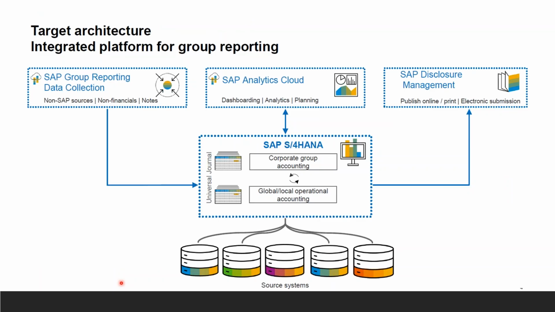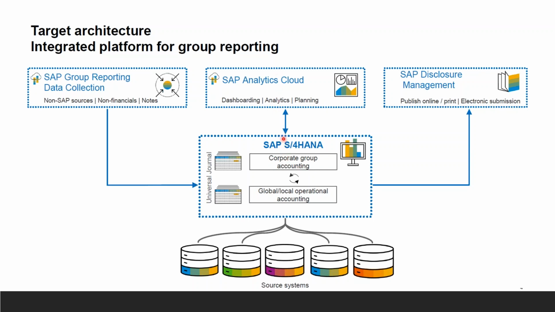This is the architecture for the group reporting. We may have different source systems, and everything comes here to the Universal Journal. Then you can do the local operational accounting, and all the closing can happen. Later on we are moving the data to the corporate group reporting, so we are going to release the data.